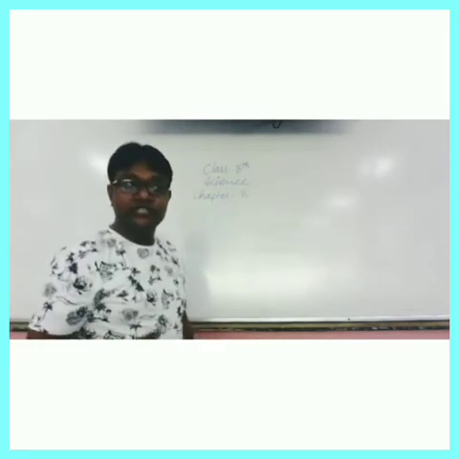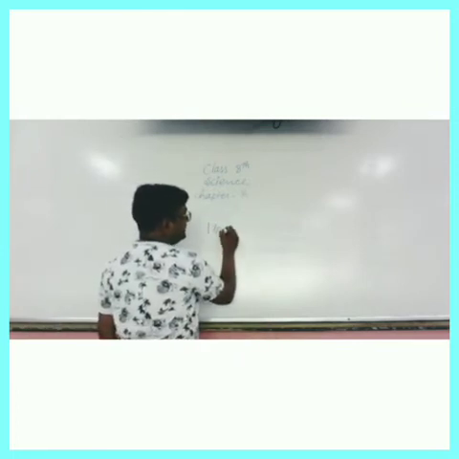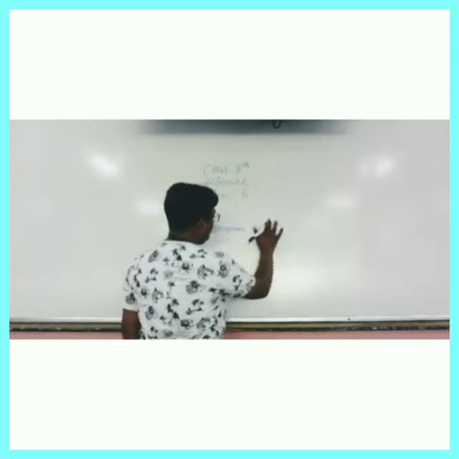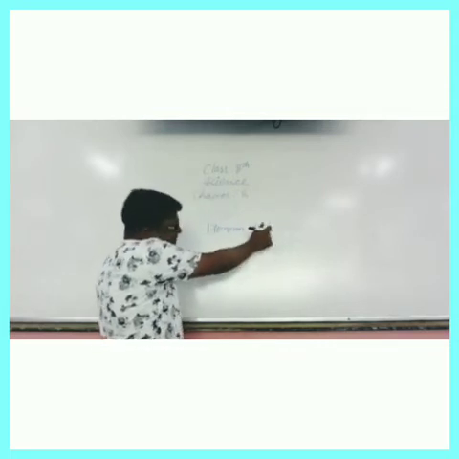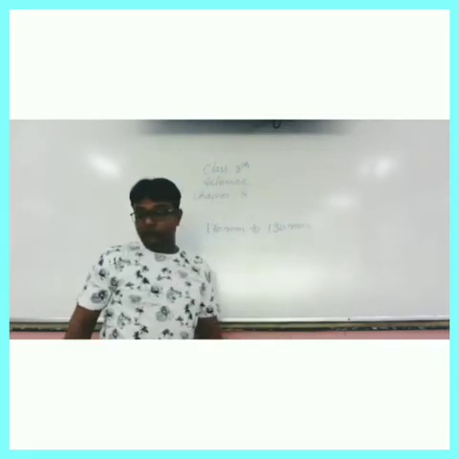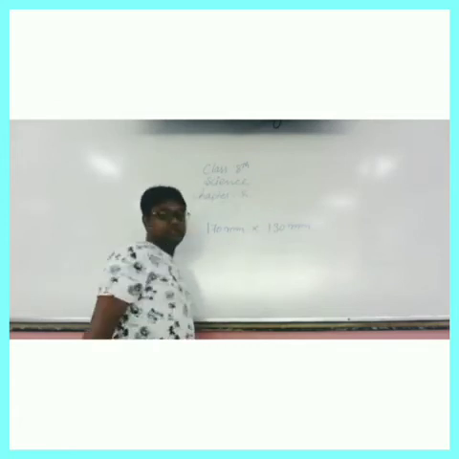The ostrich egg is basically having 170 mm by 130 mm structure.